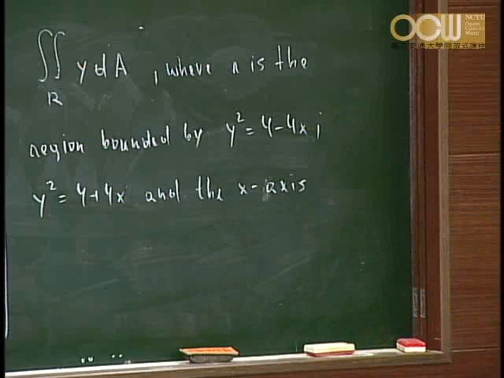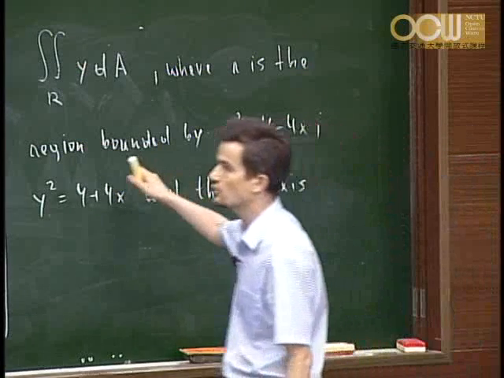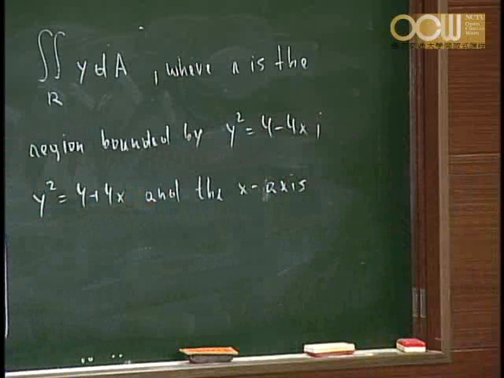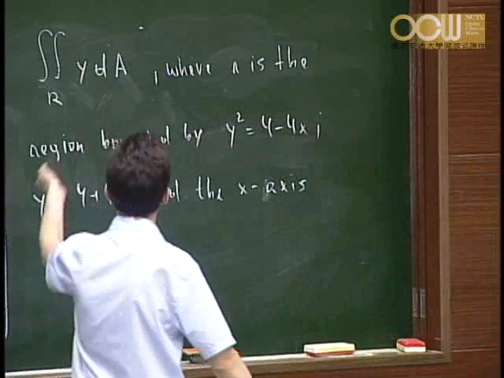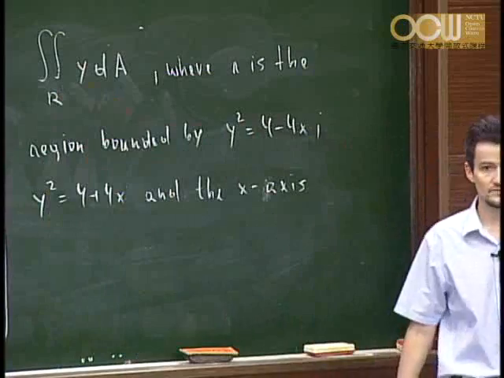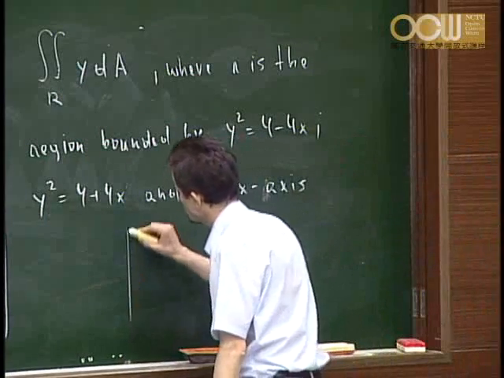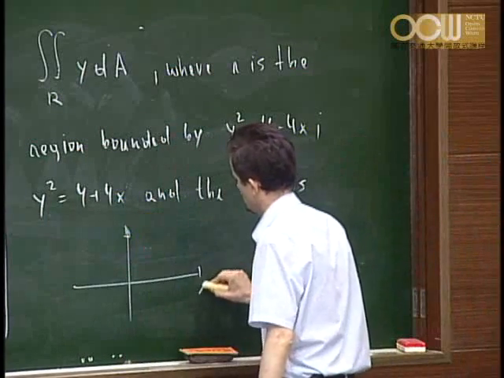Now this example is not complicated. I mean, I don't need a change of variable for this example. The region is not too complicated. The function is not too complicated. So it just should serve as an example.